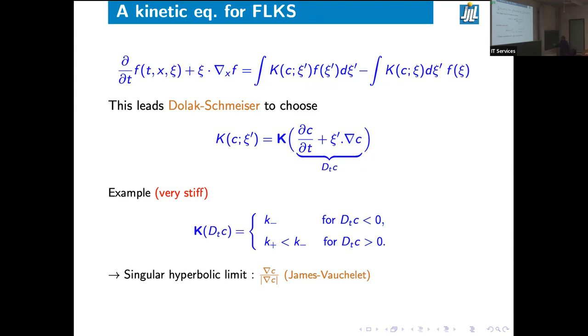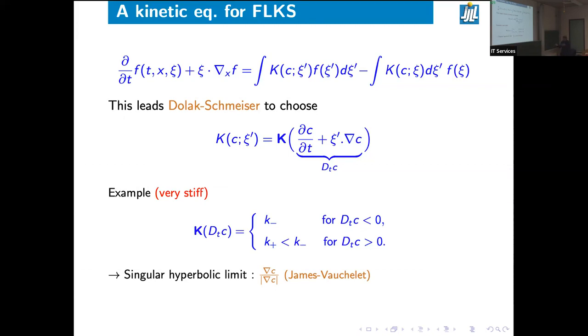So if you take this very stiff case, this discontinuous case, which is an extreme case, then what Dolak and Schmeiser proved is that because you depend only on psi prime, you have an equilibrium and you have a hyperbolic limit. You don't need to go to the diffusion limit. The average will already converge to a singular hyperbolic equation.